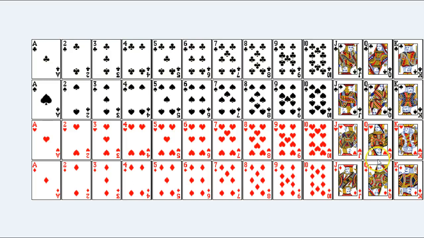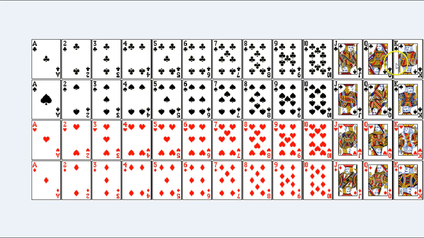Anyway, what you are looking at are 52 cards divided up into what you call suits, 4 suits. All right, clubs, spades, hearts, and diamonds. So each one of these suits has 13 cards. So we have 4 sets of 13. All right, if you look at the clubs, we have 3 face cards, the jack, the queen, and the king.